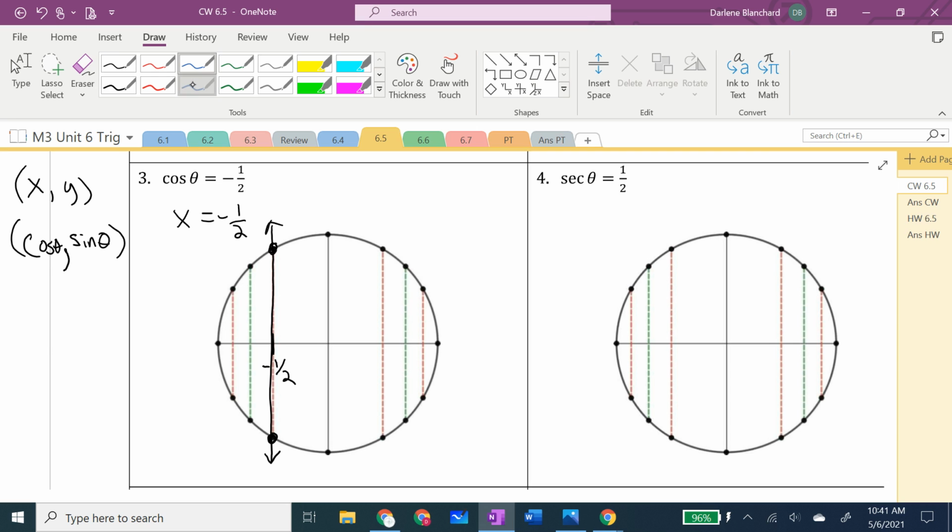And I want to make sure that you understand what we just did with that. I'm going to draw this terminal side and this initial side. If an angle turns this much, it has a cosine value of -1/2.